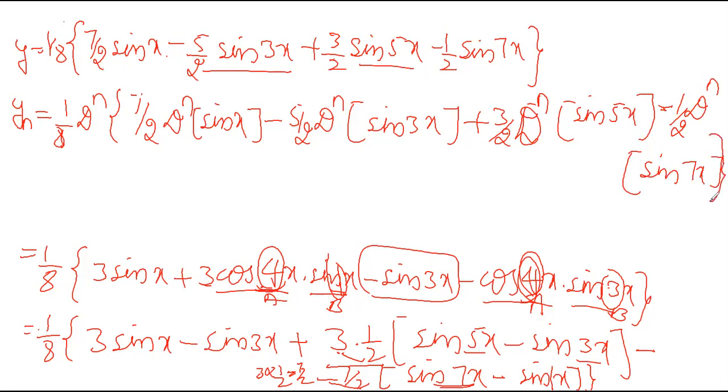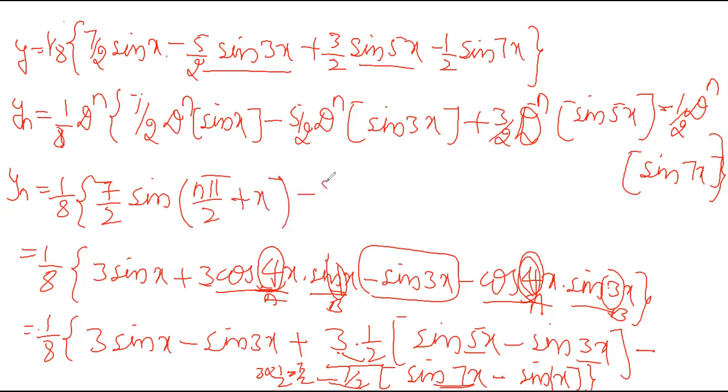Then the simplification: y equals 1 by 8 as it is. Then the nth term of 7 by 2 as it is, constant 7 by 2. You write 7 by 2 as it is. You know that one, sin x. Nth term of sin x means sin of n pi by 2 plus x.